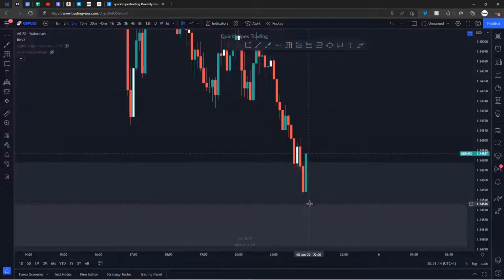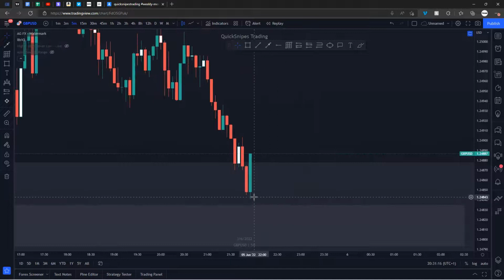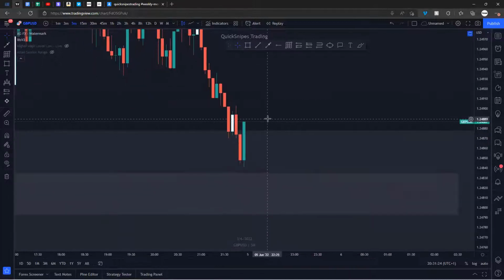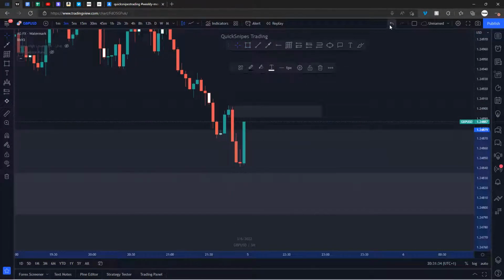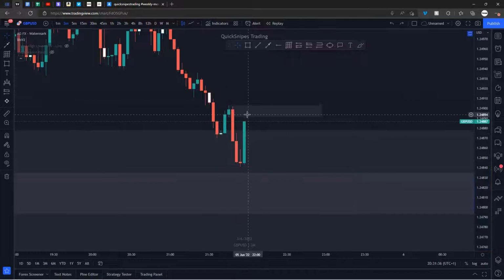So yeah, as you can see recently in the 5-minute, we've come up, we've come to our zone, and we've kind of had a tap into our zone and then move back out once, and then come down again twice. Now, we like to see 3 pushes. So what I could potentially see happening, this supply zone acting as a catalyst for this downwards move to break the structure.